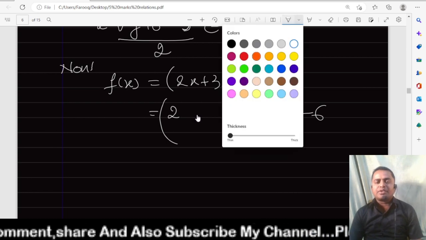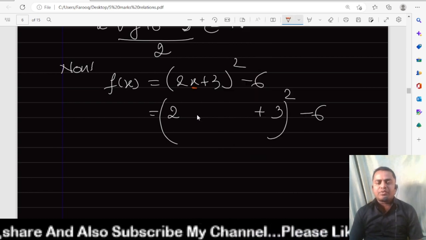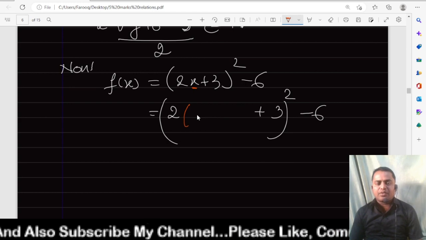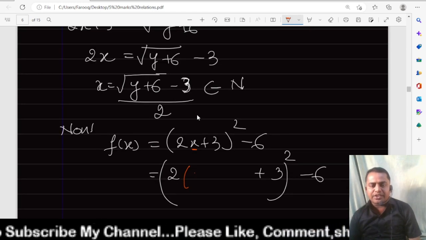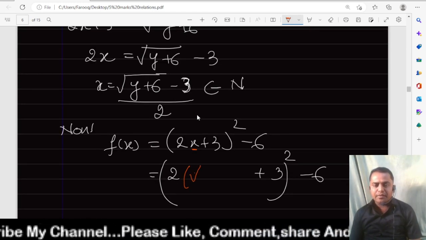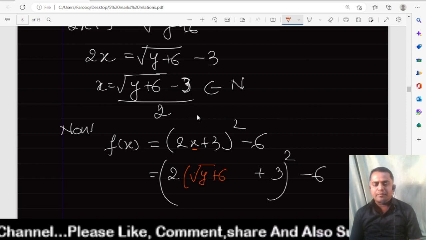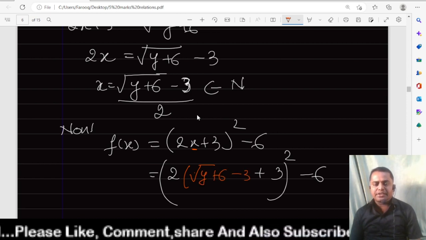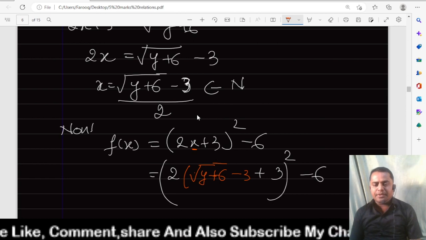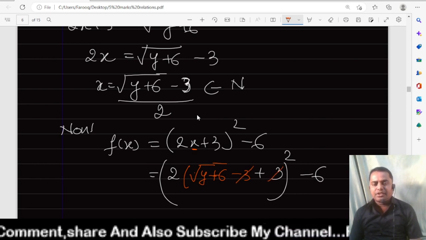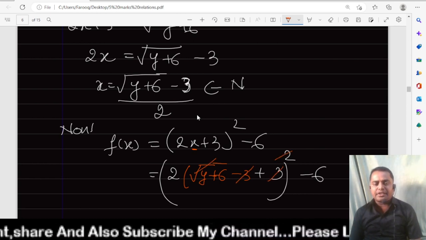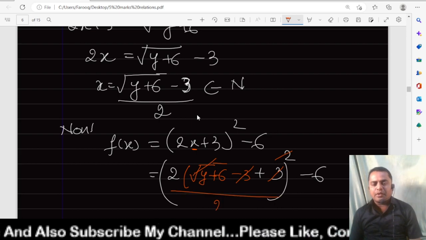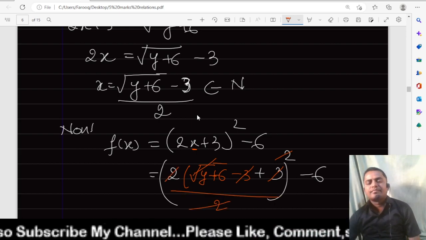In the place of x, I am going to write the value of x, that is root of y plus 6 minus 3, divided by 2. This plus 3 and minus 3 get cancelled. Square and root get cancelled. This 2 cancels.